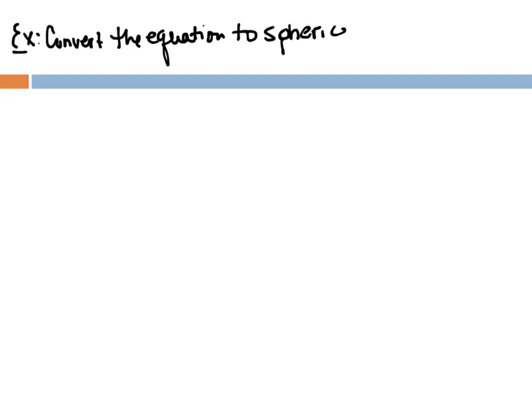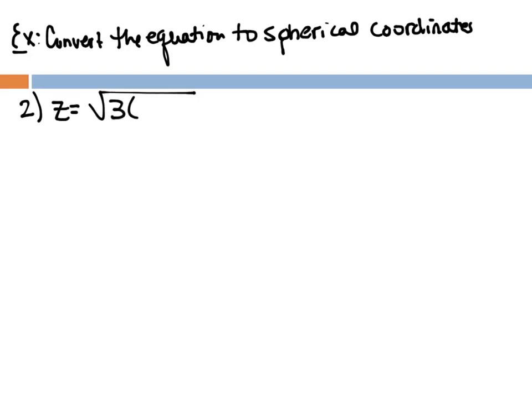So we're going to convert the equation to spherical coordinates. And the equation we're going to do is z equals the square root of 3 times x squared plus y squared.